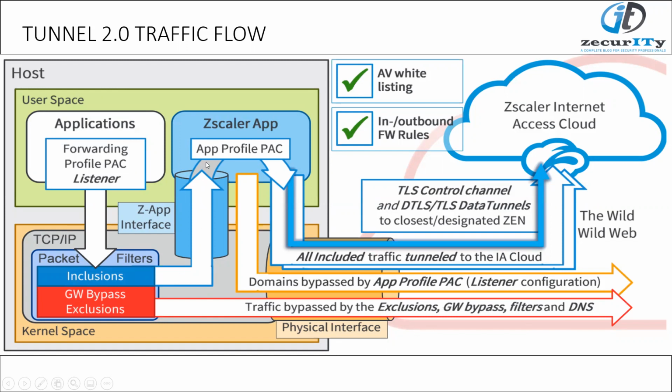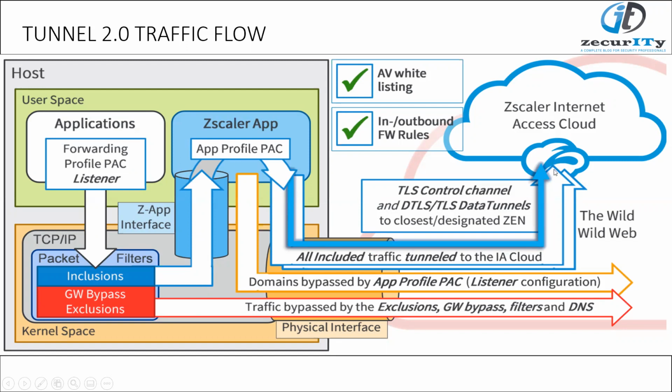Inclusion traffic will be sent to the Zscaler Client Connector. The app profile PAC file will establish a control channel towards the public service edges based on the configurations and the app profile return statement. Once that is done, the client connector again establishes one or more data channel connections to the service edges to send the traffic to Zscaler for cleaning.